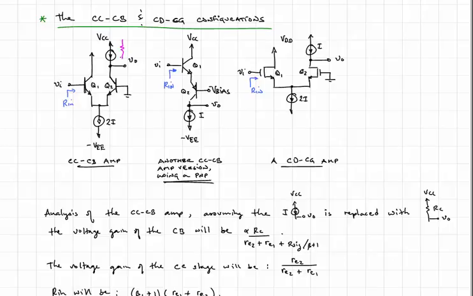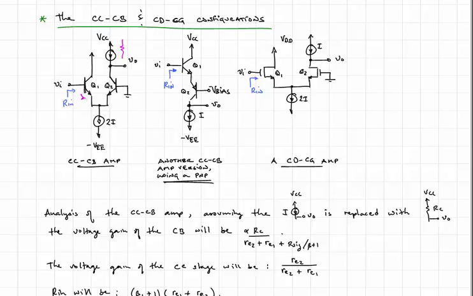So what are the characteristics of this stage? Well, we'll look at it in more detail in the next chapter, because actually this is what we'll be studying for that entire chapter. But essentially we have a higher input resistance, because we get this beta plus 1 multiplication of whatever resistance is in the emitter of Q1, and then reflected over to the base. Now, what resistance do we have in the emitter of Q1?